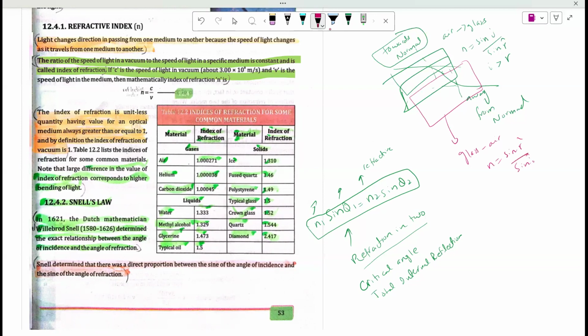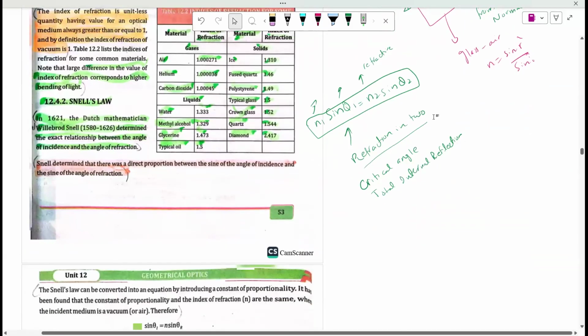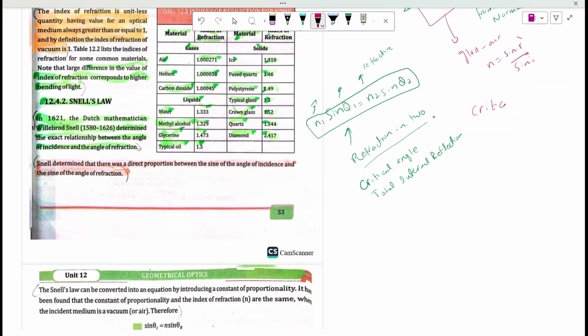The thing that we need to do and discuss today is critical angle and Snell's law. Critical angle is that angle of incidence. Critical angle is defined as, we need to be very careful with this one. This is an incident angle, okay? But which incident angle would be called a critical angle? That's what we need to discuss today.